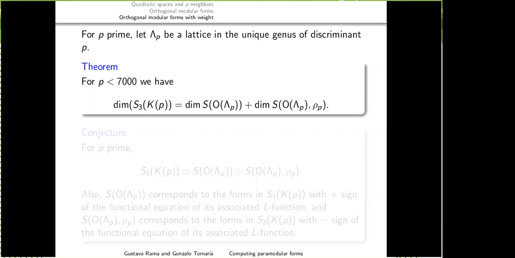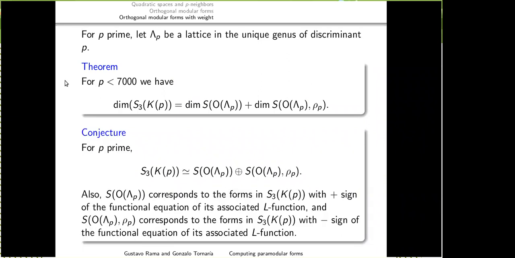And we see that if we sum the dimensions of these two spaces, it agrees with the dimension of the paramodular forms of weight 3 and level p. So we conjecture that we obtain all the spaces. In fact, we conjecture that for a prime p, the paramodular forms of weight 3 and level p are isomorphic to the sum of the cuspidal forms for lambda p with trivial weight and with non-trivial weight.